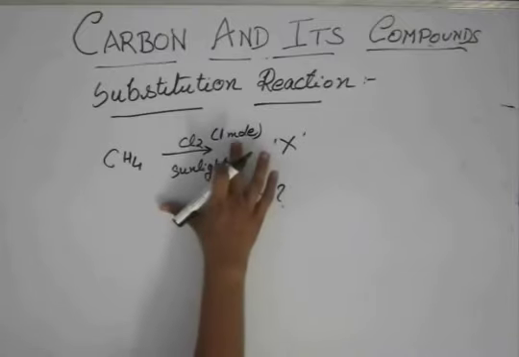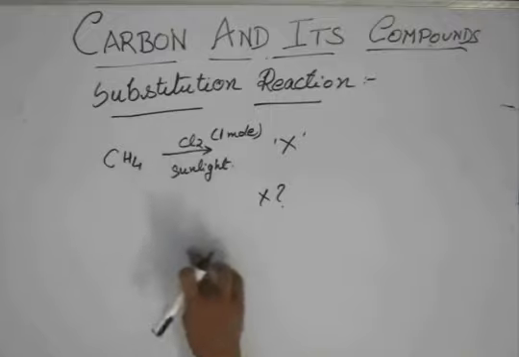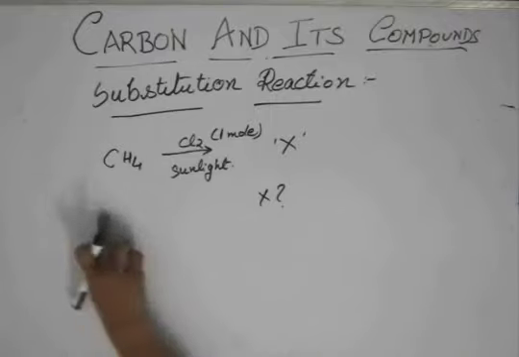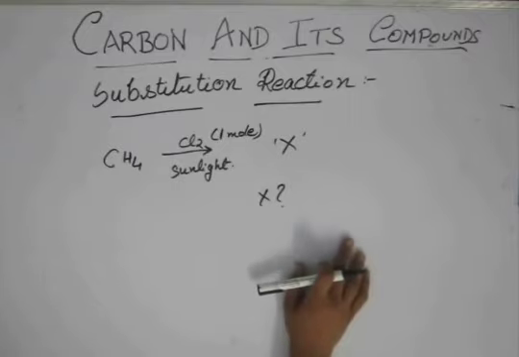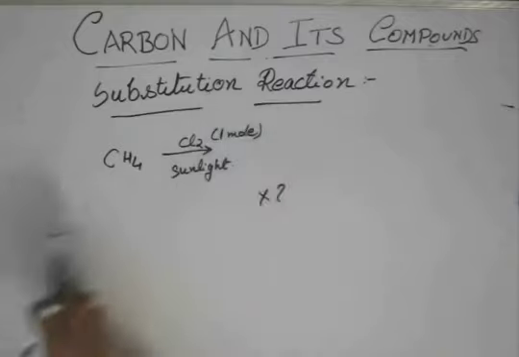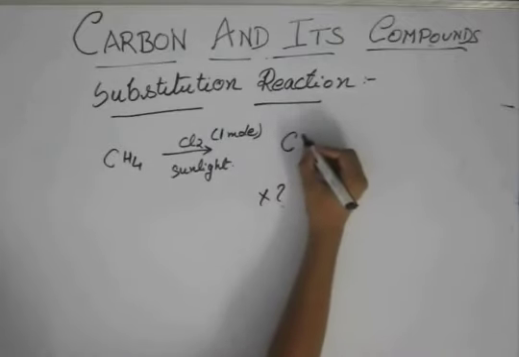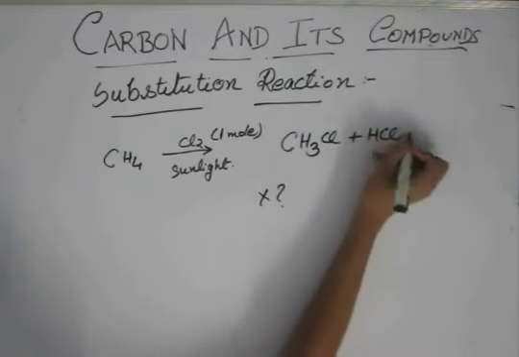So we see that chlorine is only 1 mole. So it cannot substitute hydrogen over and over again, because in the first substitution this 1 mole would be consumed. So the product will be only CH3Cl plus HCl.